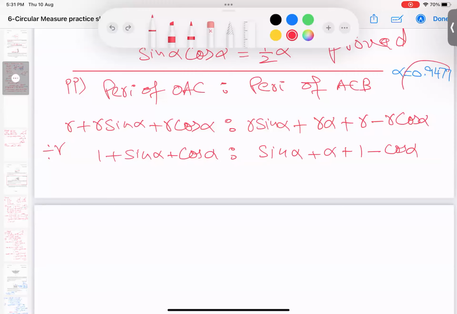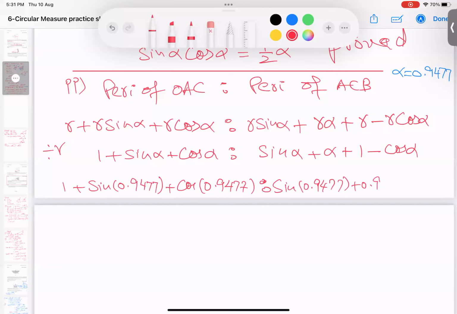Okay, so make sure. I repeat my words. First of all, I replace alpha. So let's see, 1. Okay, I think there is a space issue, so I'm starting from behind. Sine 0.9477 plus cos 0.9477, ratio sine 0.9477 plus 1, minus cos 0.9477.